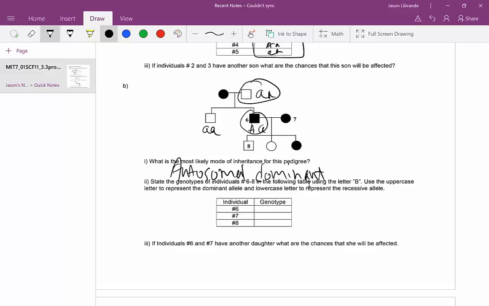Okay, and that means for 7, we get unaffected individuals. So that means 7 must also have a recessive allele as well. So here we have A a. So one comes from the mother, one comes from the father. So we know their genotypes there.